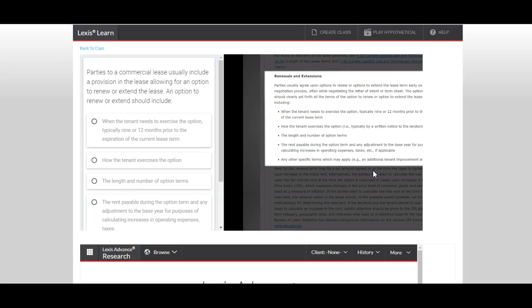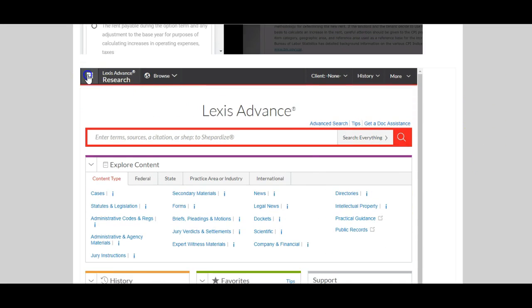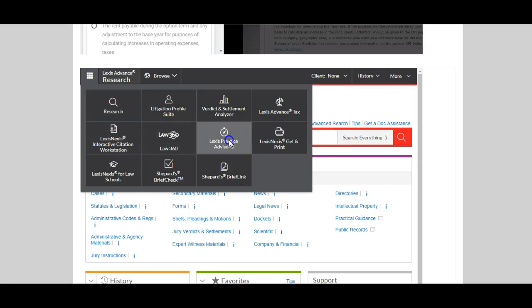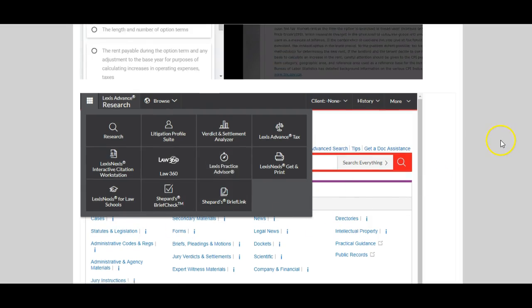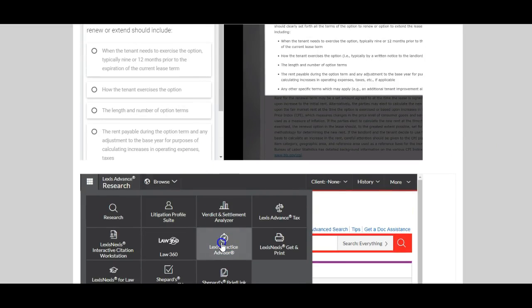Okay, so you can work through going through Practice Advisor on Lexis. Why it's not going here. It's supposed to let me do that. Anybody going through on your laptop?